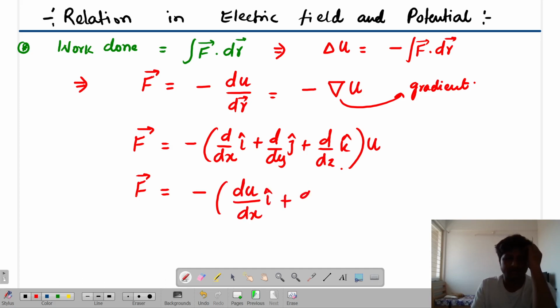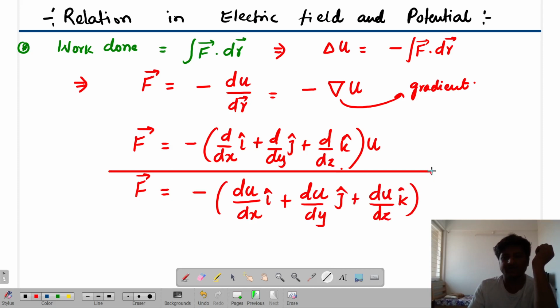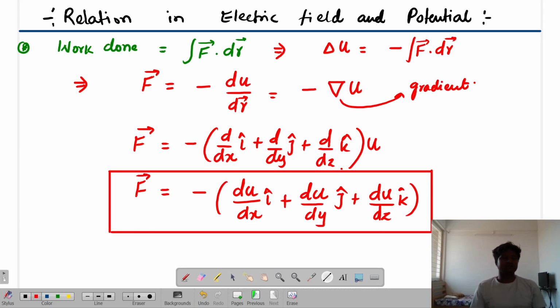This is what I taught you in work, power, energy, isn't it? But this is only for which kind of field? Conservative field. किस field के लिए है बेटा? Because for only a conservative force, the work is equal to the negative of change in potential energy. Is that clear?